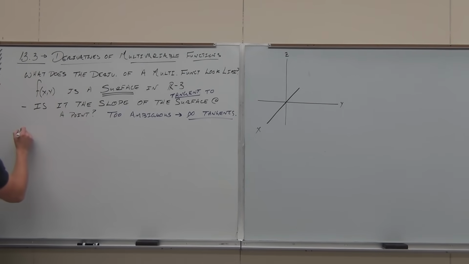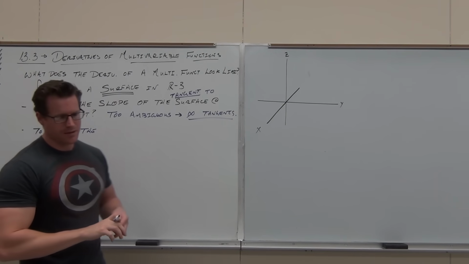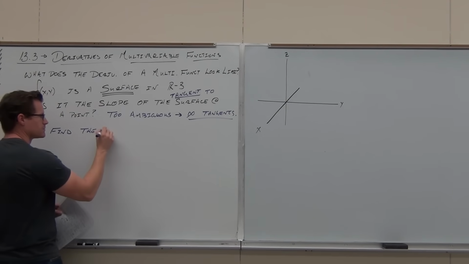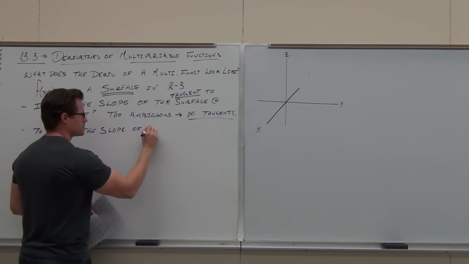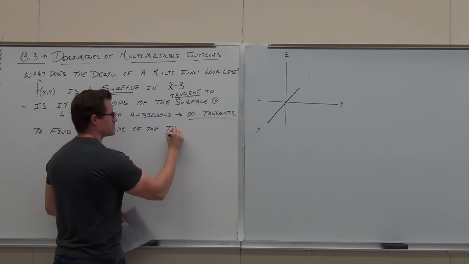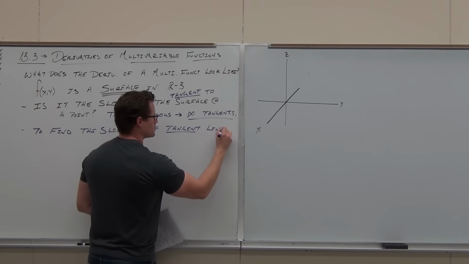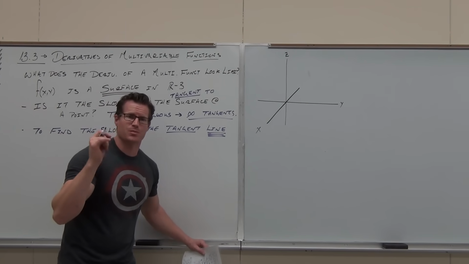So, to find the slope of the tangent line to a surface, the reason I'm underlining line is because I want you to know it's not a plane, not a tangent plane.